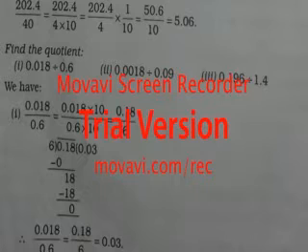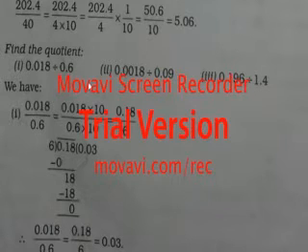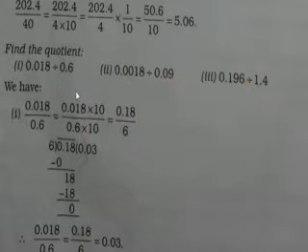Now we will move towards example 8. Here it has been said find the quotient, that means also divide only. So if you see, the first number is 0.018 divided by 0.6. In the case where both the dividend and divisor are decimals, you have to change the divisor into a whole number. How will you change it?